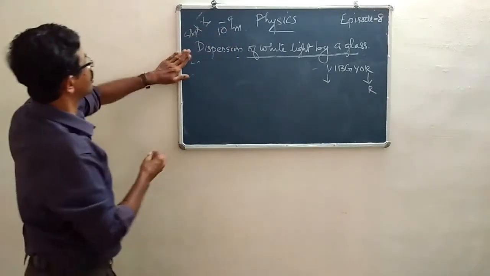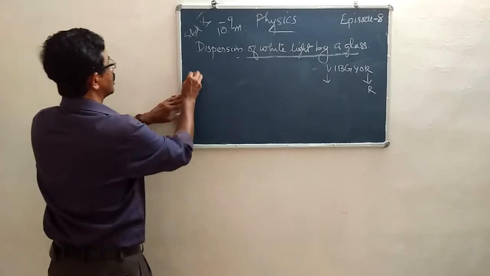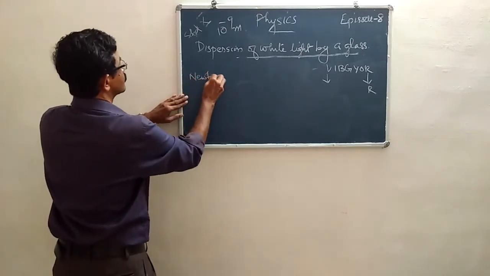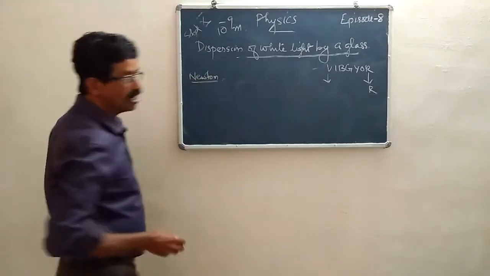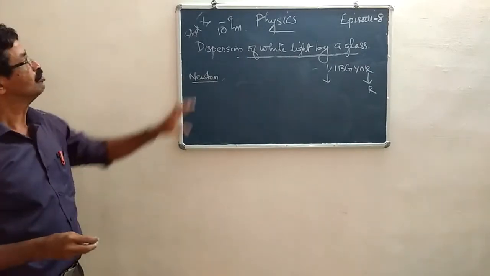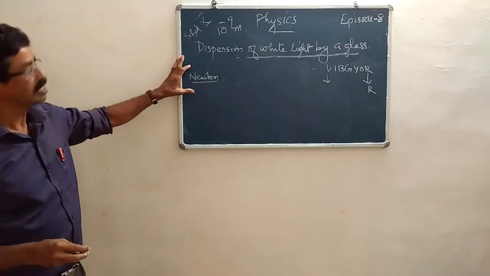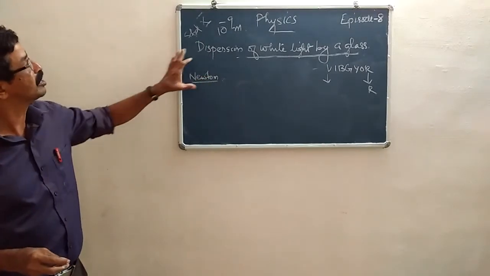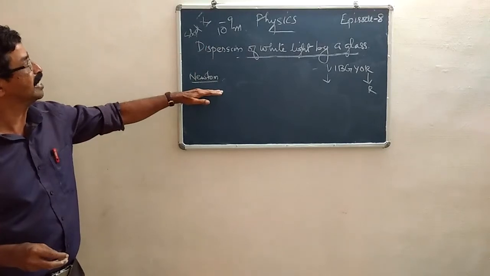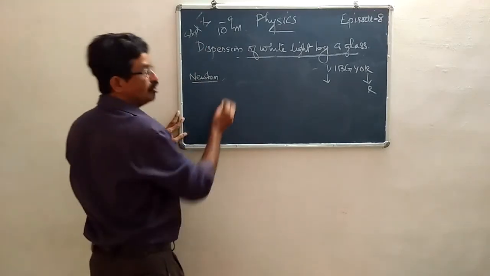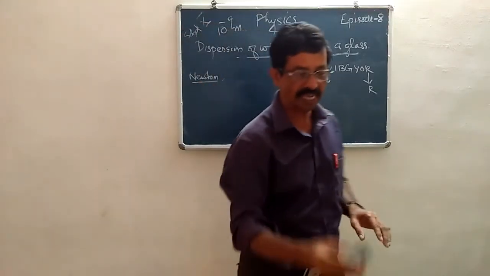Now you want to remember one thing about Newton. Newton is the first scientist who studied the dispersion of white light, or dispersion of sunlight, in a glass prism. A glass prism is like this.